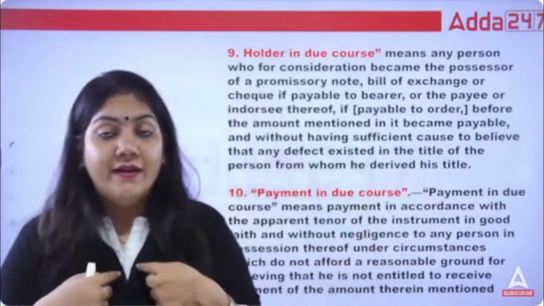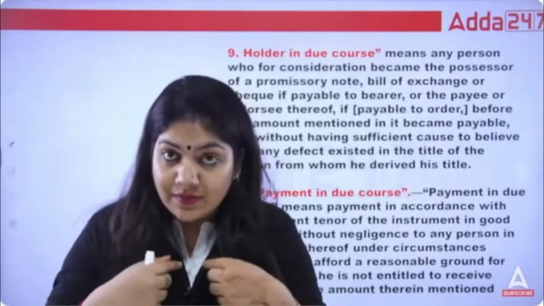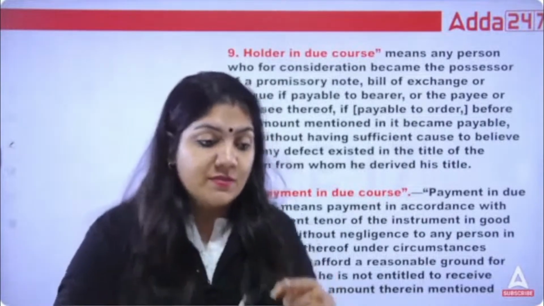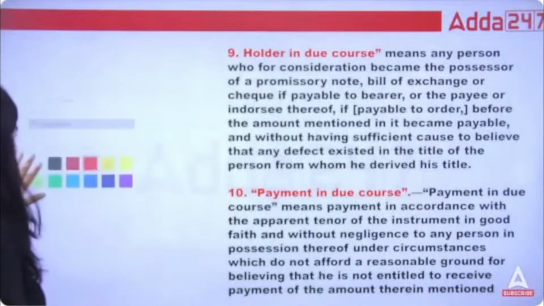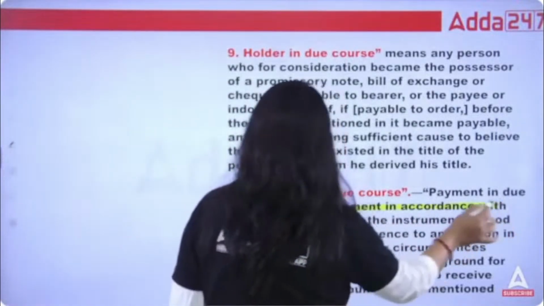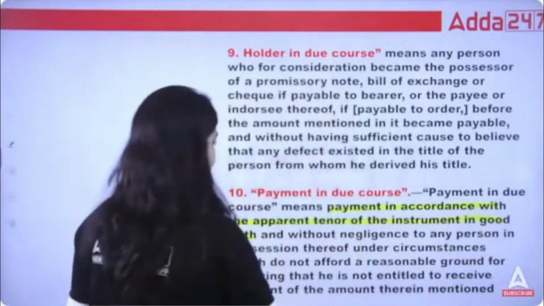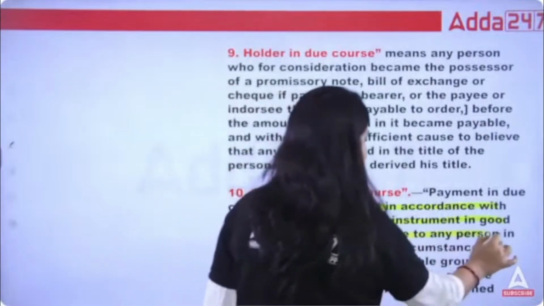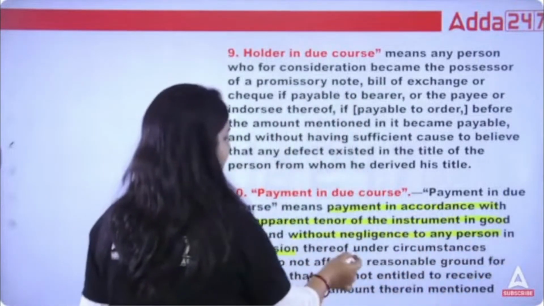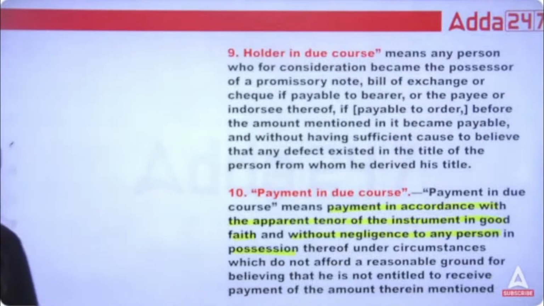In that case, I am doing work without any negligence and in good faith. So in that case it is called payment in due course. Payment in accordance with the apparent tenor of the instrument, in good faith, without negligence, to any person in possession under the circumstances. This is called payment in due course.